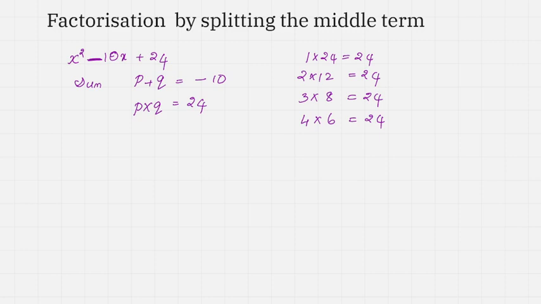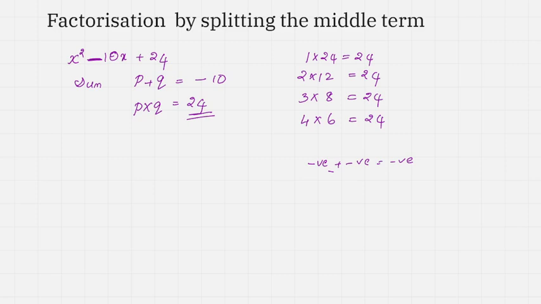Now the sum of the numbers should be negative and the product of the numbers should be positive here, right? So the sum of the numbers should be negative means both the numbers will be negative, because negative plus negative will be negative. And why are both the numbers negative? Because the product of the numbers should be positive.